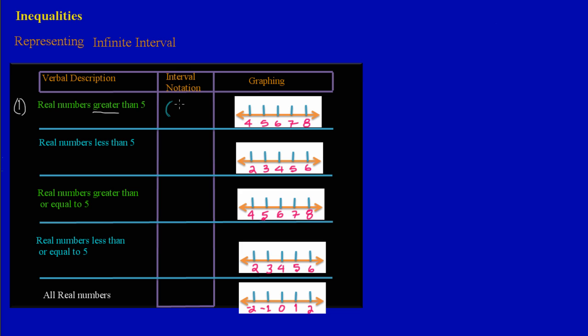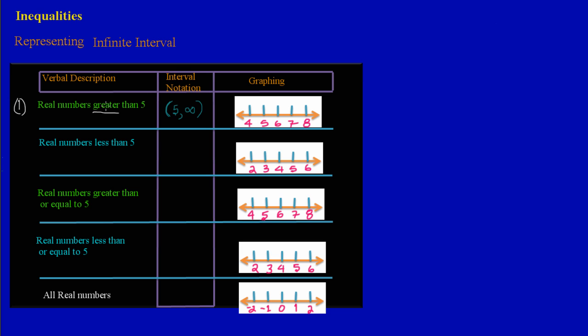Now 5 is my boundary, so 5 should be here, comma, and if it's greater than 5, it means that it is increasing, all the values that are above 5. So I'm going up to positive infinity. And since you cannot touch infinity, no one will ever reach infinity, so I close by using another parenthesis.